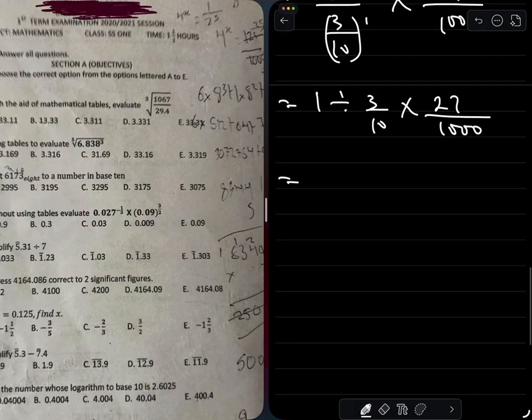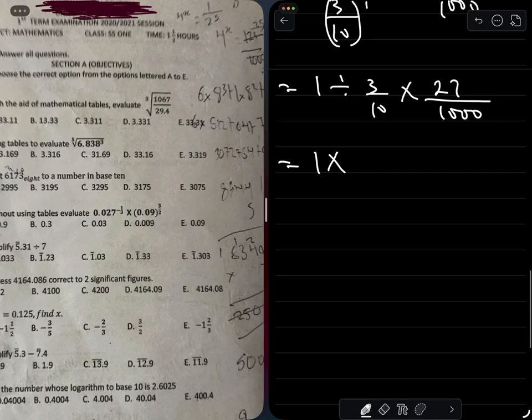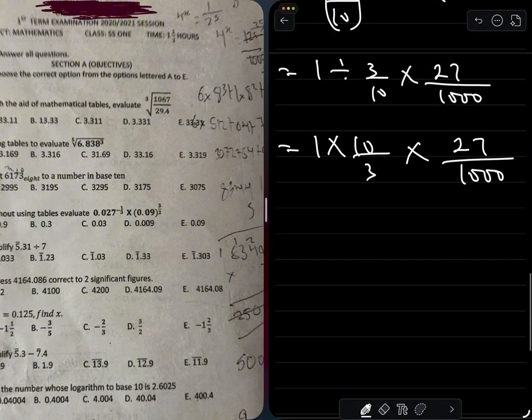I'm showing the simple steps so you don't get confused. If you change this division to multiplication, the fraction flips: 1 times 10 over 3, times 27 over 1,000.